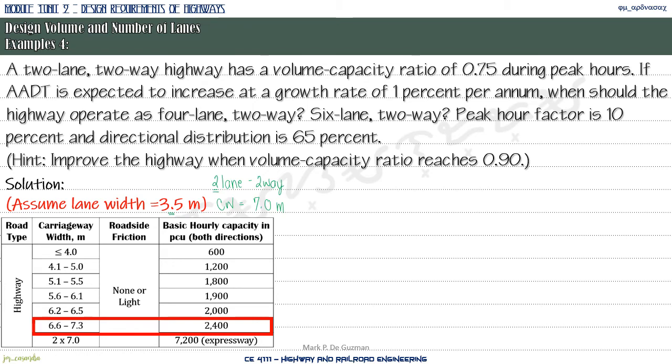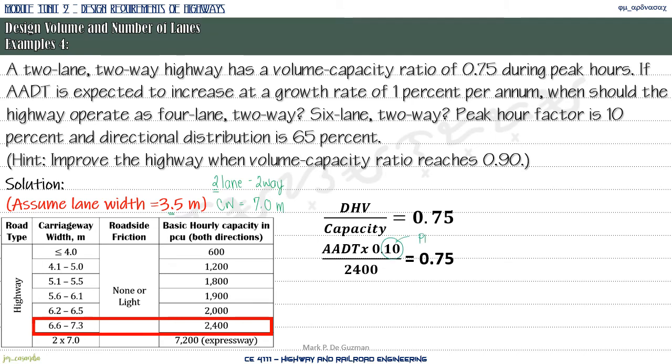So with that, what we will do first is to compute for the AADT of the present two-lane, two-way highway. So given now an LOS, or a volume capacity of 0.75, that's equal now to your DHV divided by the capacity. So that is DHV is AADT, and we multiply it to 0.10, which is our peak hour factor.